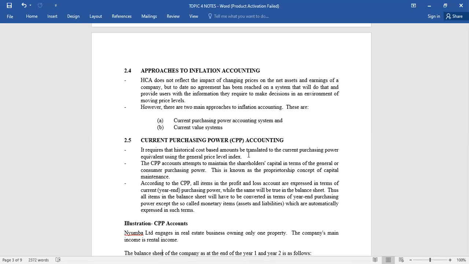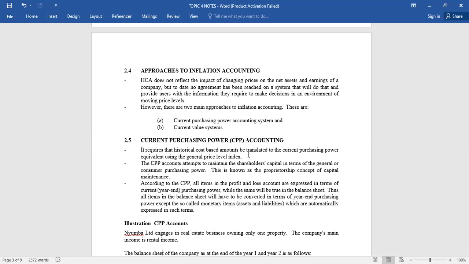Right now, at 600 grams, the prevailing market rate will be from 70 to 100,000, depending on the retailing outlet, isn't it? So the size of the bread is still the same. The people who are eating are still the same, only that the value of the shilling has fluctuated, and this is what we are calling inflation.